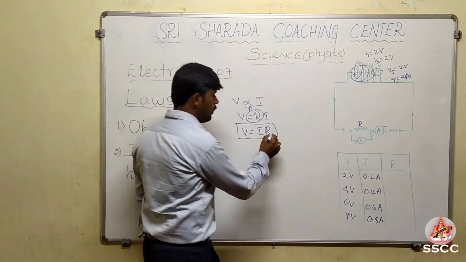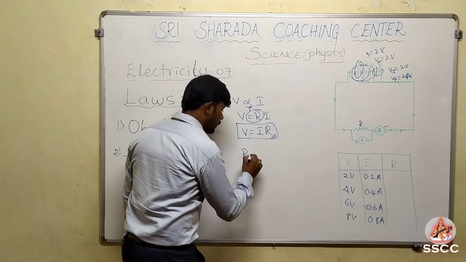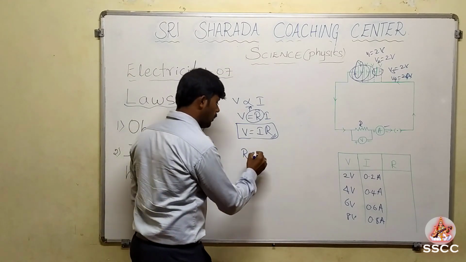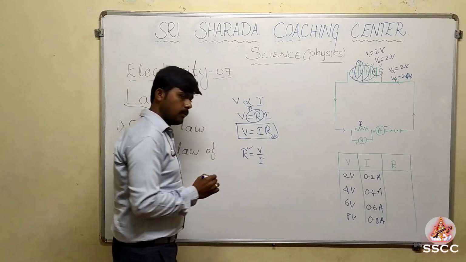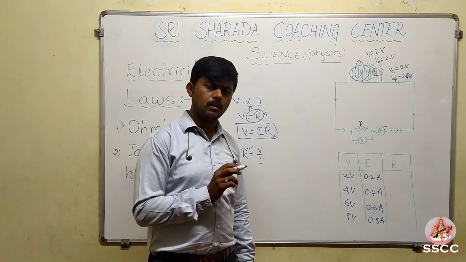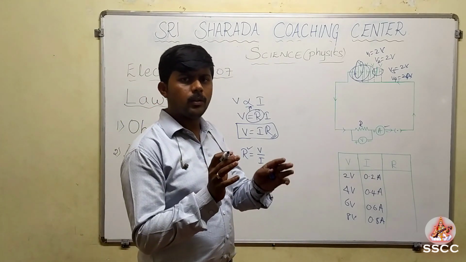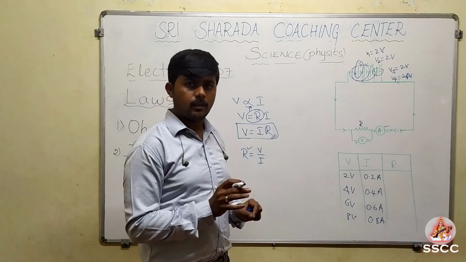What is meant by R? Here R is called the resistance. Here is the formula for R. R is equal to V by I, where R is constant. R is called the resistance. What is meant by resistance? The resistance is a property of the material to oppose the flow of electric current.